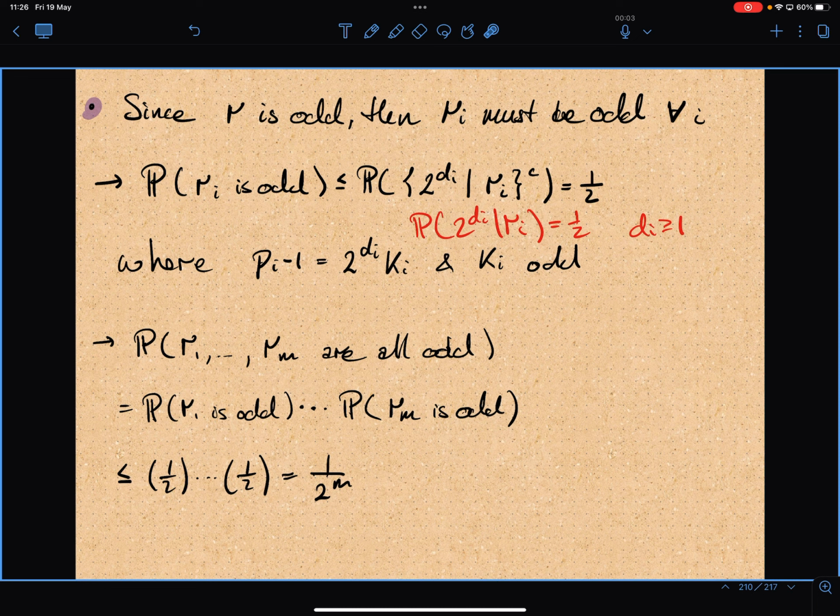And we obtain this inequality that the probability of ri being odd is less than or equal to 1/2.